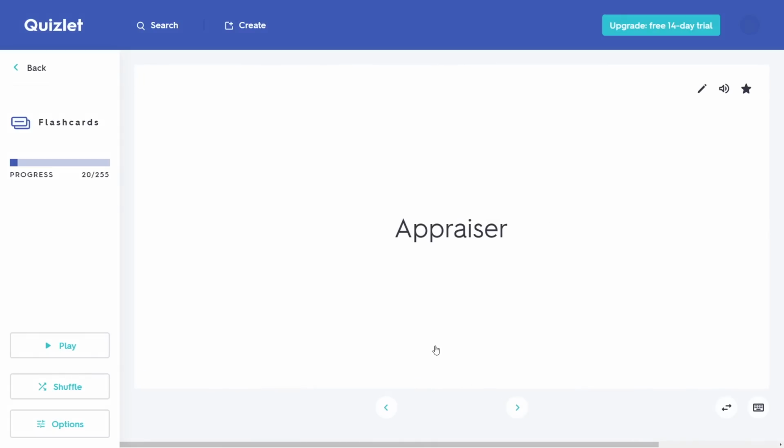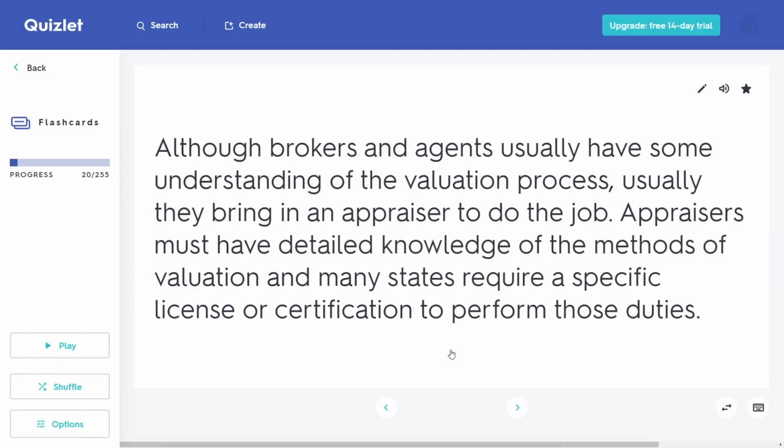Appraiser. Okay, so we did appraisal, we did appraisal contingency, and now appraiser. So, think that one over. Okay, who's an appraiser? Although brokers and agents usually have some understanding of the valuation process, usually they bring in an appraiser to do the job. Instead of usually, I'd say like 99% of the time.